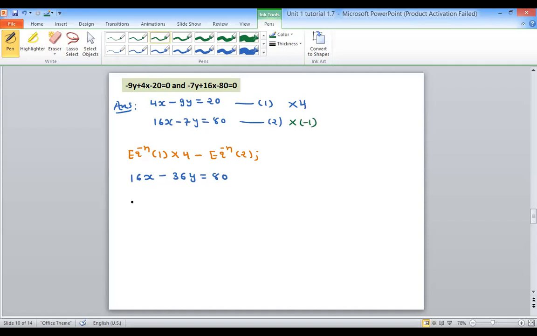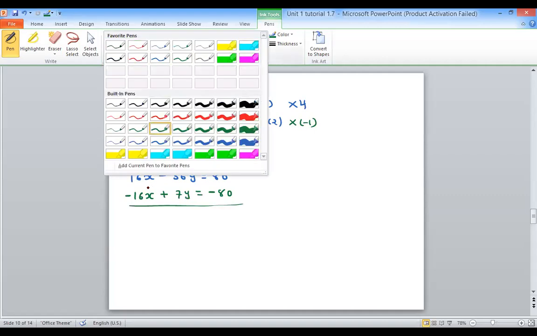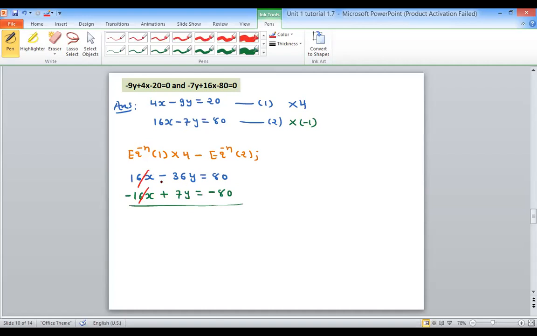Let's see what happens when I remove equation number 2 and change the sign. Positive 16x becomes negative 16x, minus 7y becomes positive 7y, and positive 18 becomes negative 18. So look, here the plus 16 and minus 16 cancel.